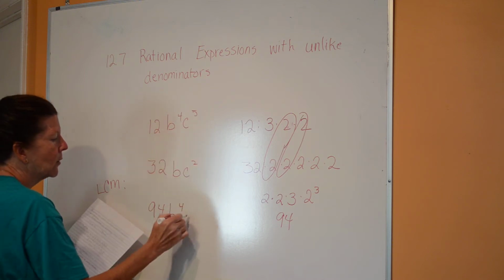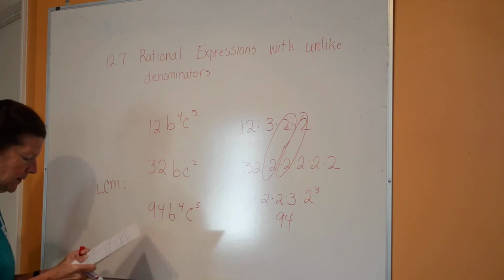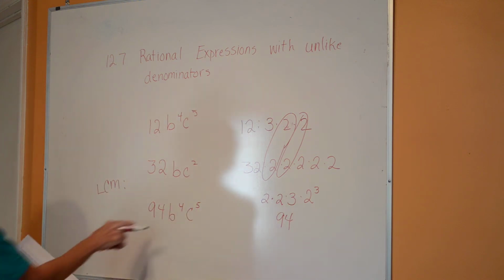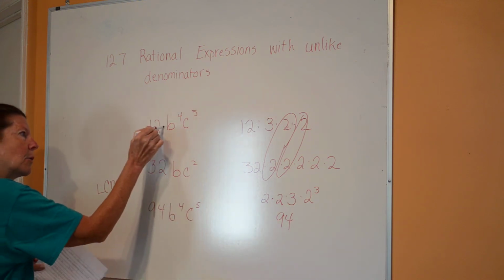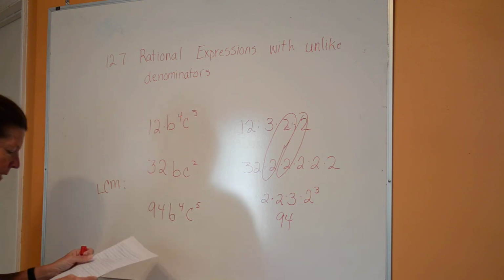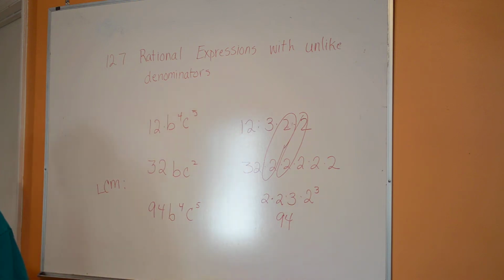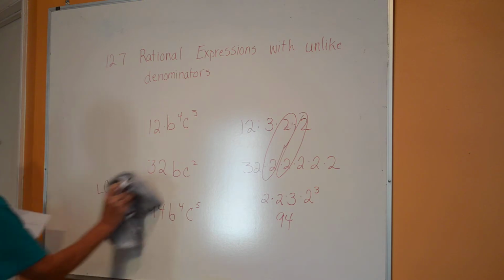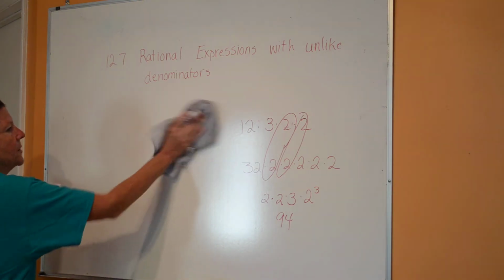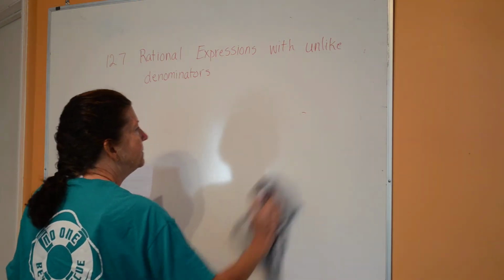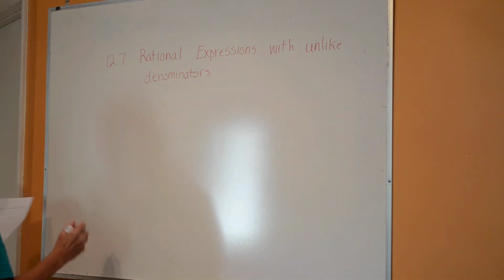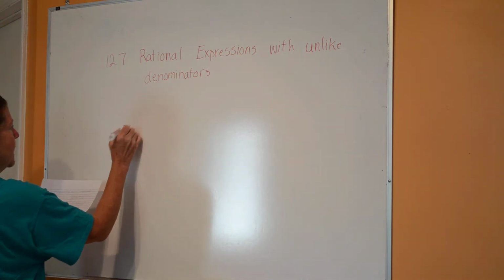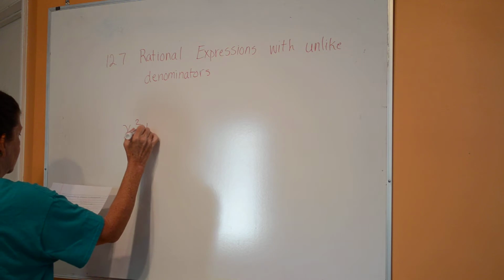The highest power of c is c to the fifth. And that is your least common multiple, or the number that both of those can be divided into. All right, these are all monomials, so let's do something that's more than a monomial. Let's say I've got these two polynomials.